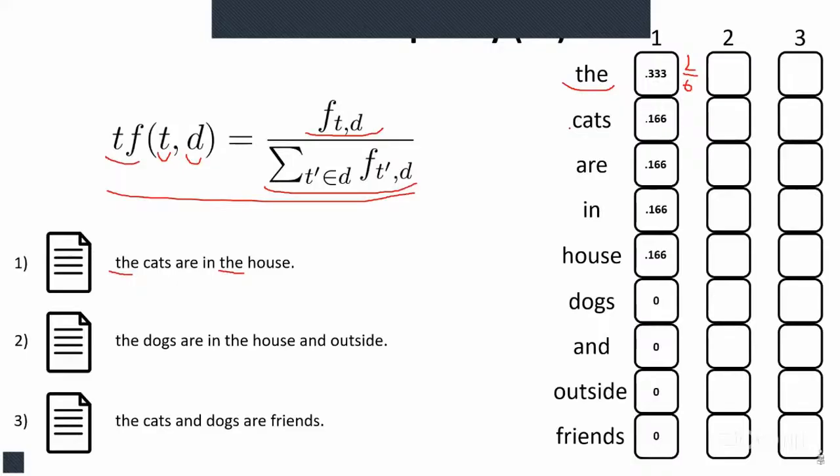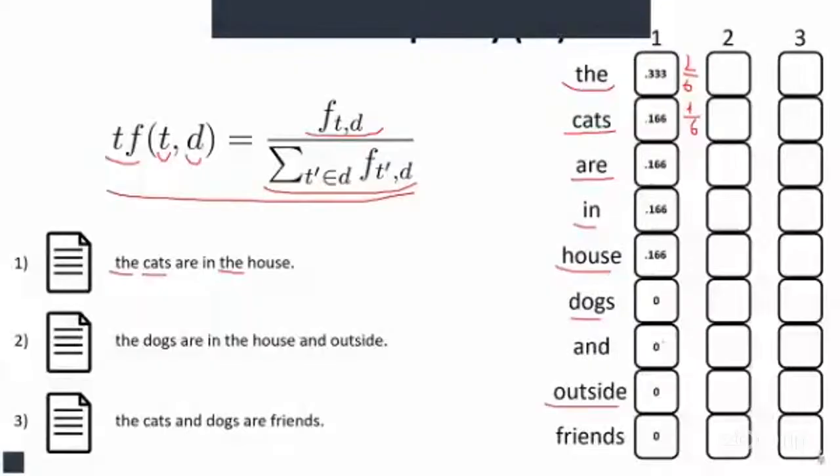Let's compute this value once more, for instance, for the word cats. Cats appears only once in our document, so the value of the numerator is equal to 1. Again, the value of our denominator is equal to 6. When we divide these two values, we obtain 0.66. We do this for all the words in the document, like are, in, and house for the first document. We also compute the values for the words that are found in other documents, like dogs, outside, and so on.